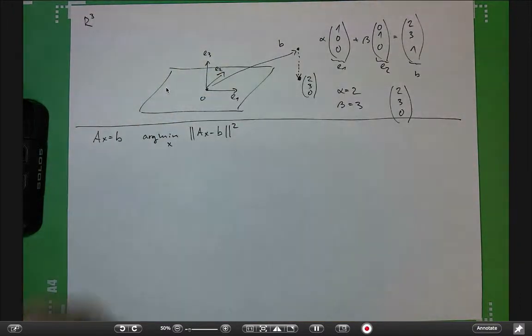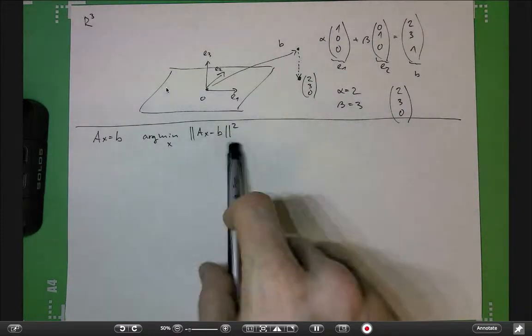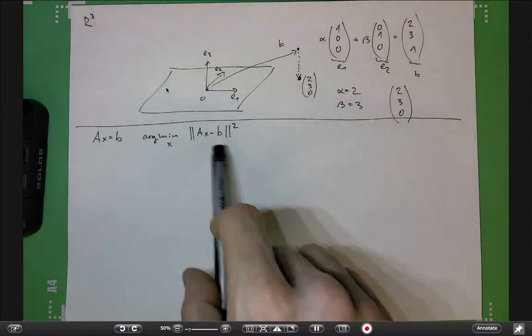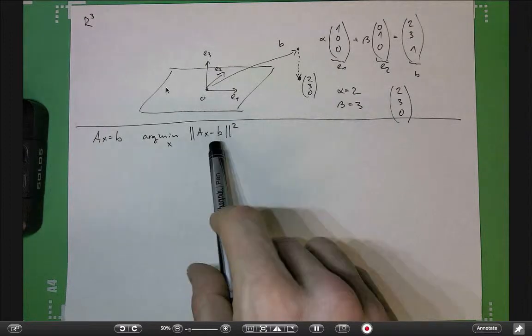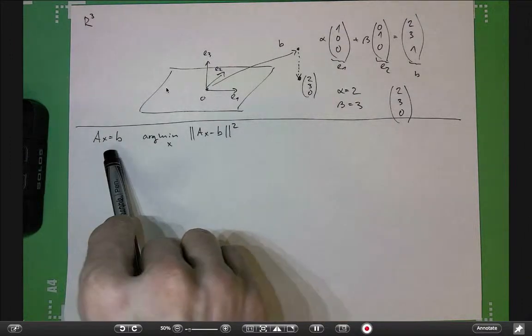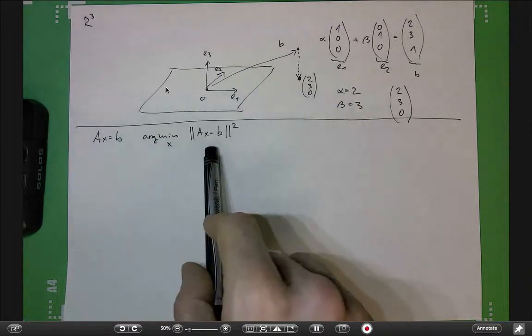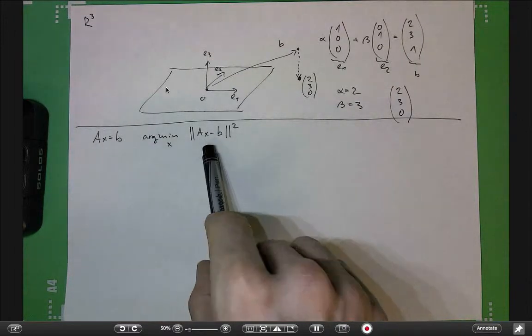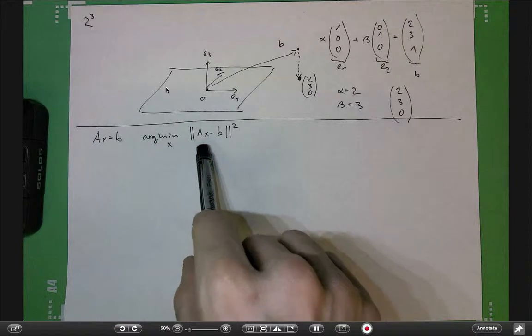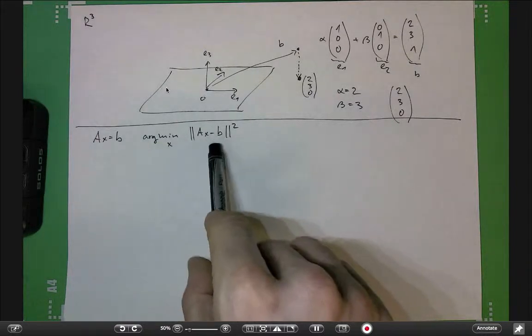You know what is argmin? Let me explain from the beginning. Because I cannot satisfy this exactly, I can, as I said before in words, now write it in a formula. I look for x such that after I multiply it with A, I get as close as possible to b.